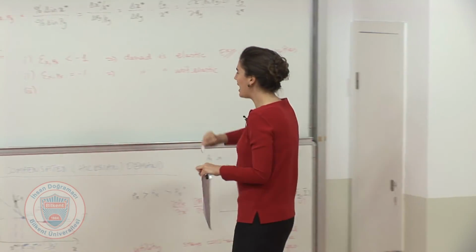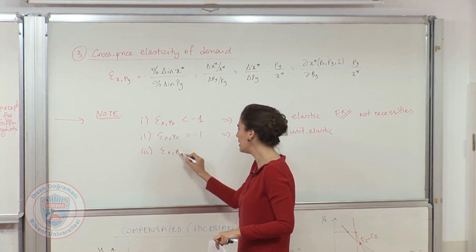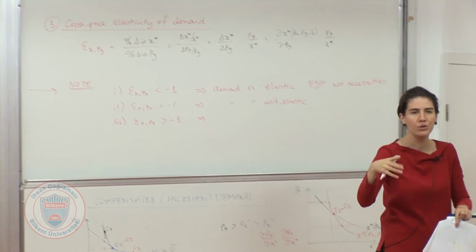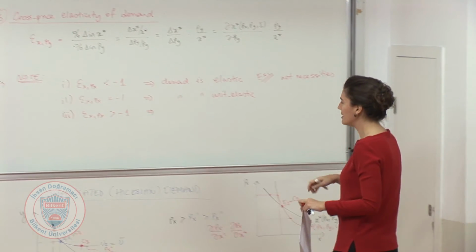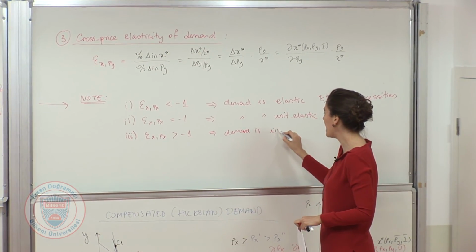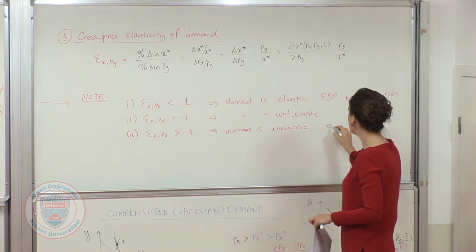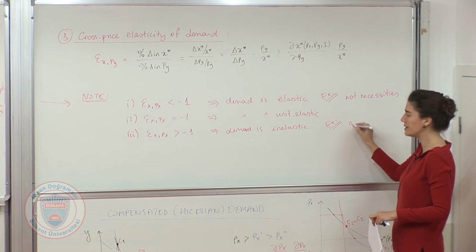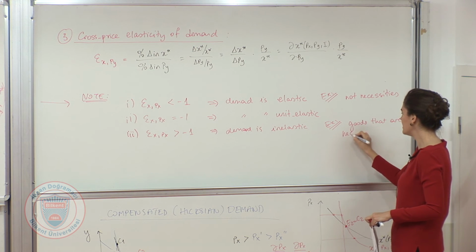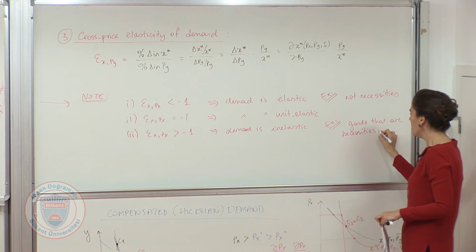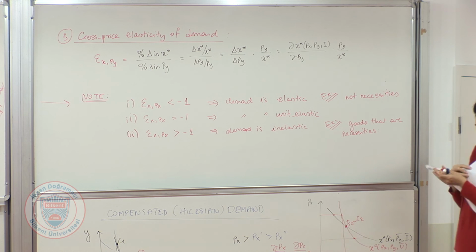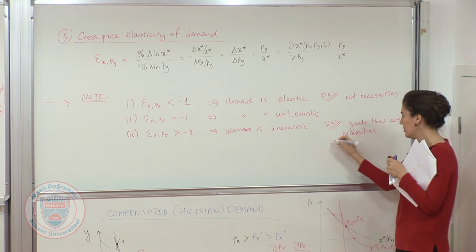Okay, the last one is when this is greater than -1, meaning that it's -1/2, -1/3, etc. We say that demand is inelastic. Mostly these are goods that are necessities. Usually, for instance, bread, of course.